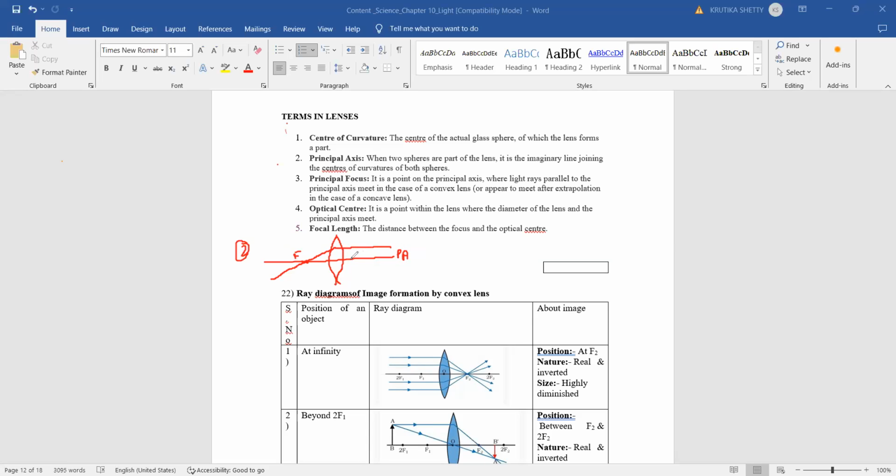So this is exactly opposite to the first ray we discussed.